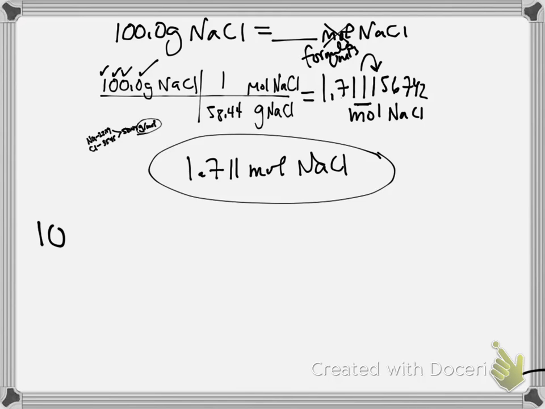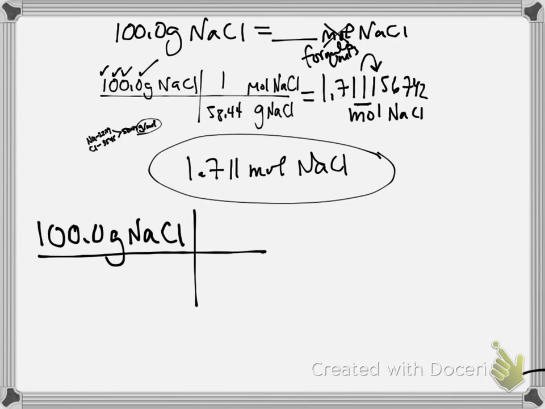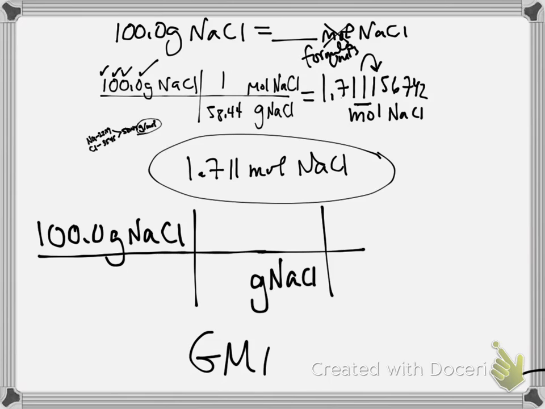Same thing. We're going to start with our 100 grams of sodium chloride. If we're doing GMA, we always have to go through moles. We can't ever skip the moles. So our center step will be moles of NaCl. Badly written, I apologize.